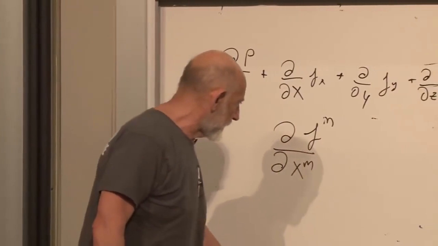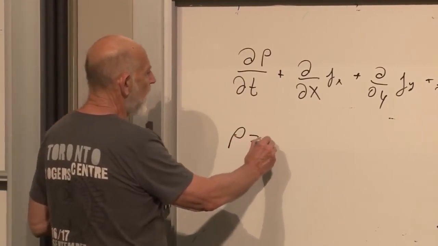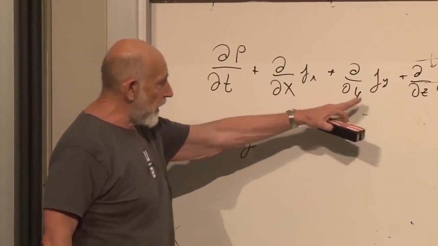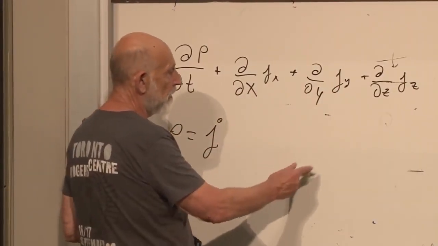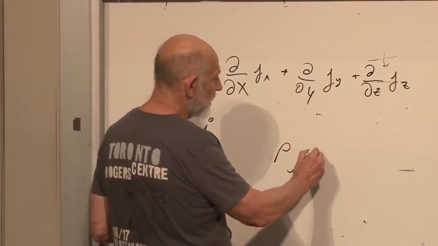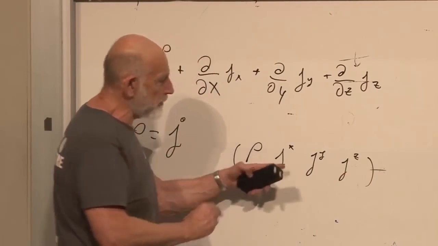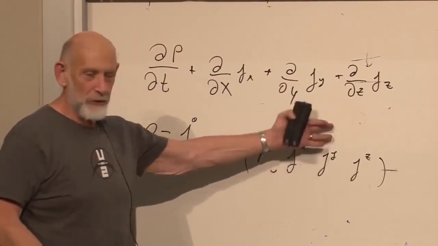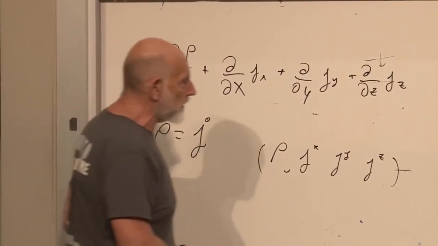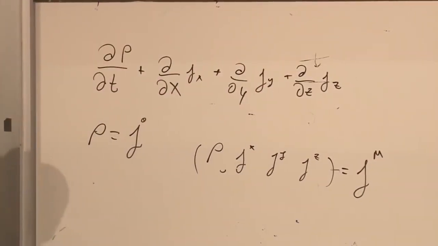Let's say it more completely. Let's define rho to be the time component of J. In other words, take jx, jy, and jz, put them together with rho. I'm putting the index here upstairs, but it doesn't matter because three-dimensional indices don't matter whether you put them upstairs or downstairs. Put them together and call the whole complex of four objects J mu with an upstairs index.